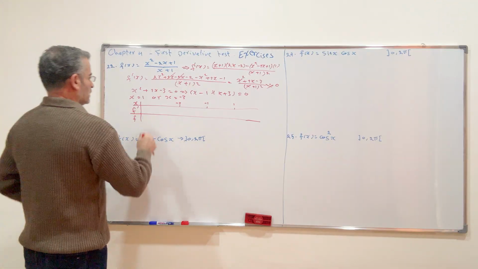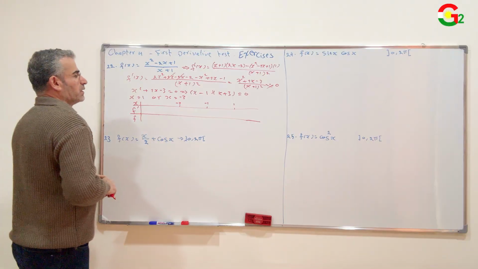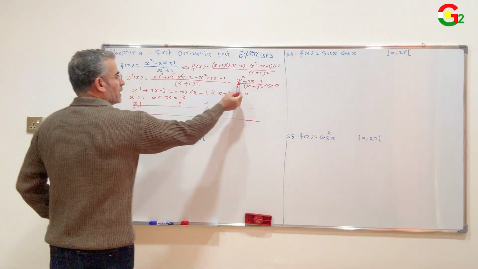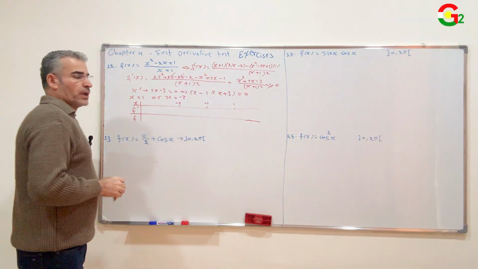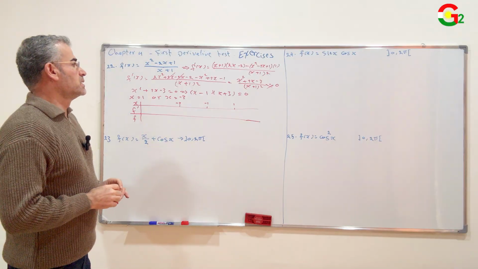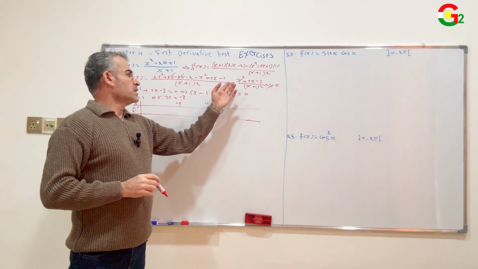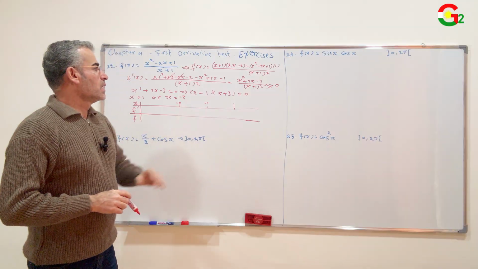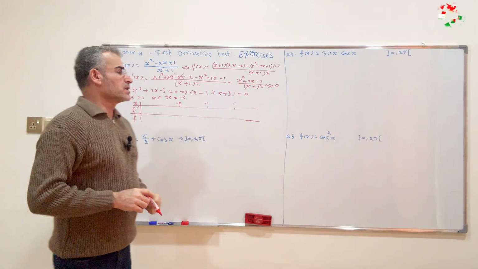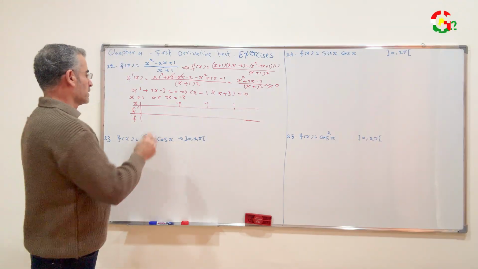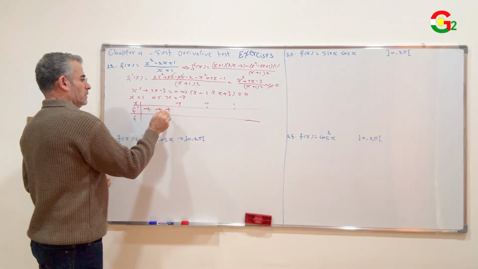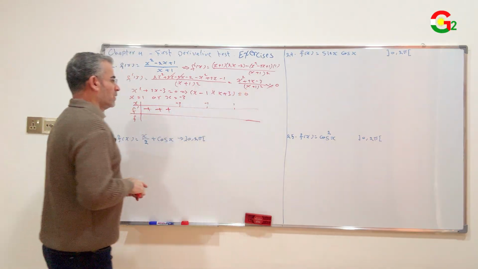Before negative 3, take negative 4. Negative 4 squared is 16, 16 minus 8 minus 3 is a positive value, since the denominator is always positive.